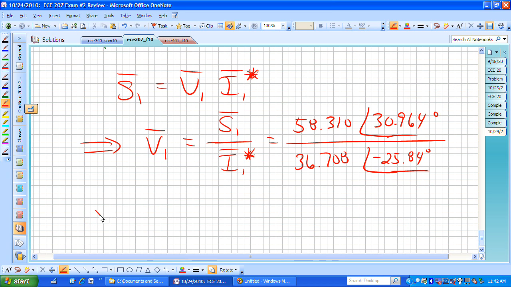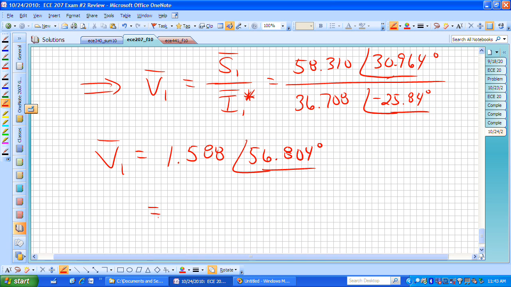We now simply take the ratio of those magnitudes, which is going to be a little bit less than 2. So we have 1.588 at an angle of 31 minus a minus 26, which gives us 56.804 degrees.